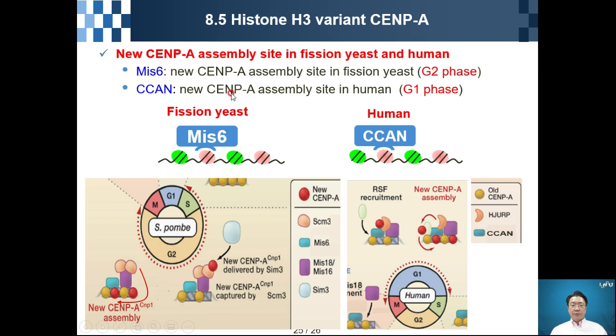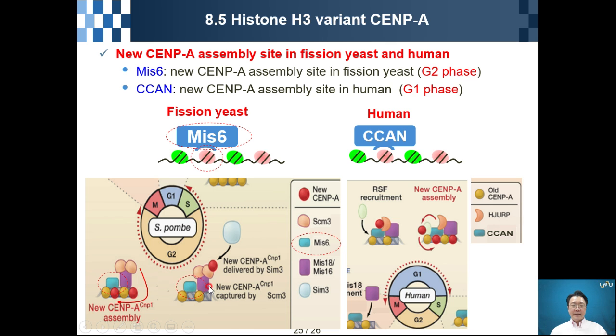Let me start from fission yeast. This is the Mis6 protein, located here. Actually, the Mis6 protein is the new CENP-A assembly site in fission yeast.